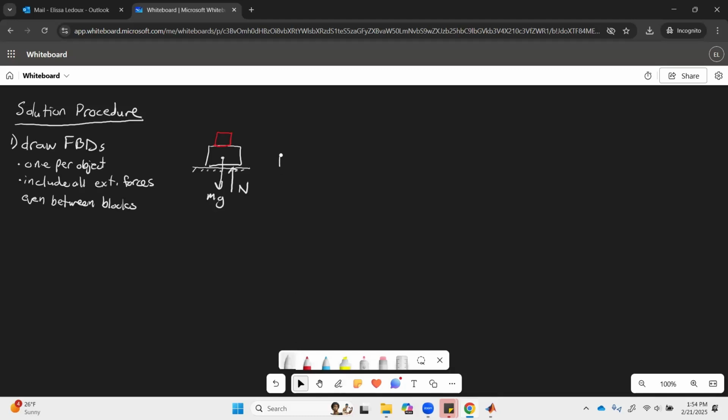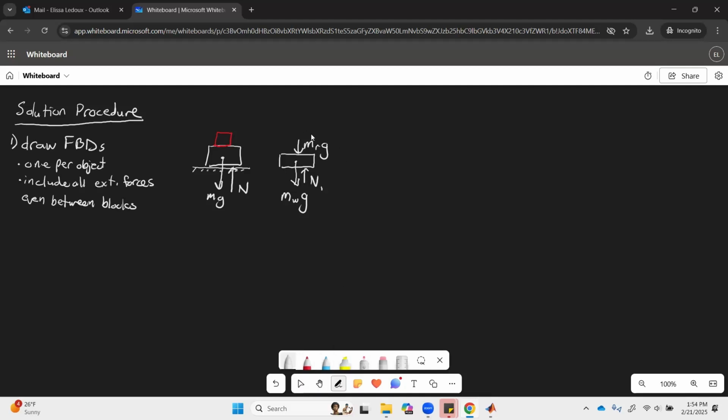So the free body diagram for the white block will have, we'll say, MWG for the white one, and then N1 from the ground. And then pushing on it from the other block will be MRG.